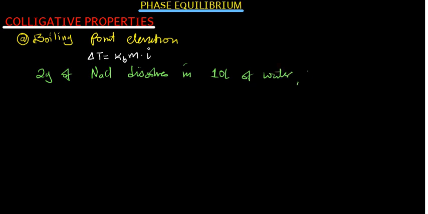And the Kb for water, this is a constant, the molal boiling point elevation constant for water, is 0.51. Calculate the new boiling point.